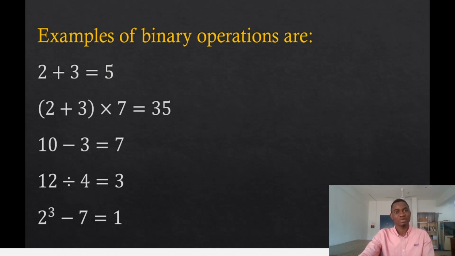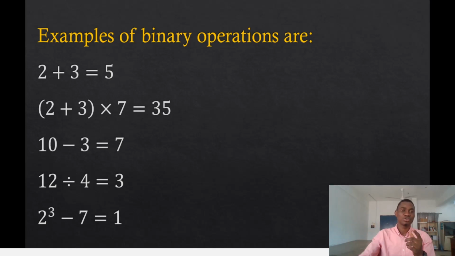It is that simple. It has to do with combination of two elements of a set to get a value. When you are combining 3 elements or more, it is no more binary operation. You know, from the name binary. Bi has to do with 2. So 2 plus 3 equal to 5 is a binary operation.